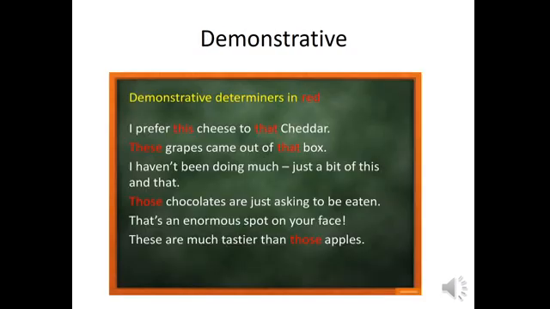Next are demonstrative determiners. What are demonstrative determiners? They are the ones which give us an idea of demonstration, such as this, that, these, those. The demonstrative determiners are in red in color. You can see: I prefer these cheese, this cheese to that cheddar.